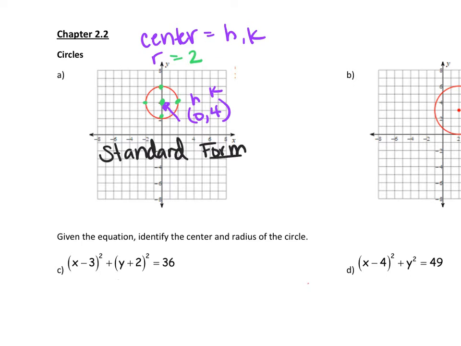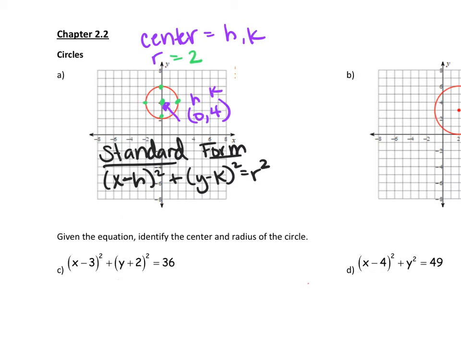Recall that the standard form says this: x minus h squared plus y minus k squared is equal to r squared. So we write it like this: x, this minus means change the sign whenever you get here. Well, our first term is just a 0.